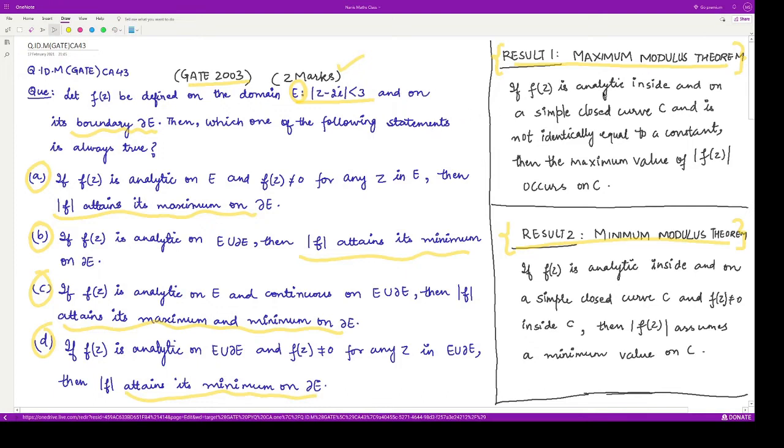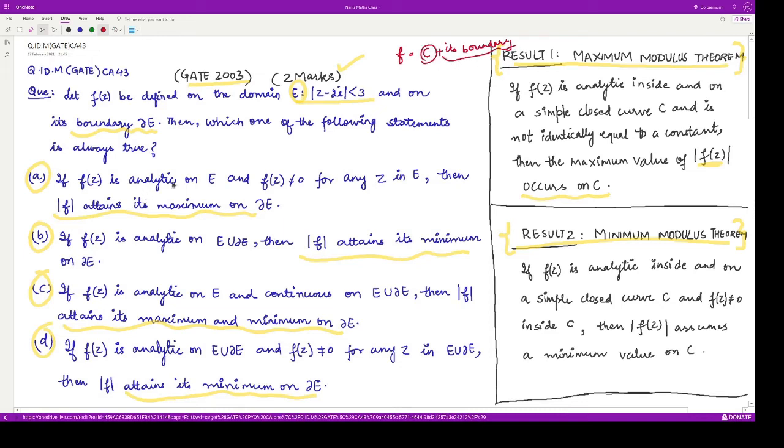So let us first look at the statement of the maximum modulus theorem. It says that if f(z) is analytic inside and on a simple closed curve C and is not identically equal to a constant, then the maximum value of this function occurs on the curve C. So that means here, our function f is analytic within C and on its boundary.